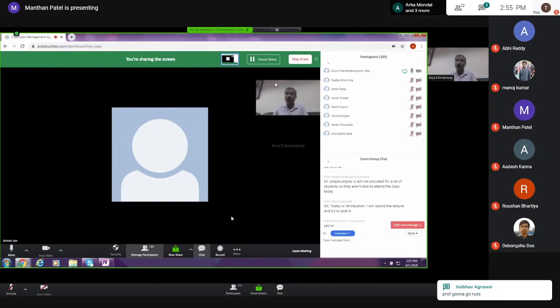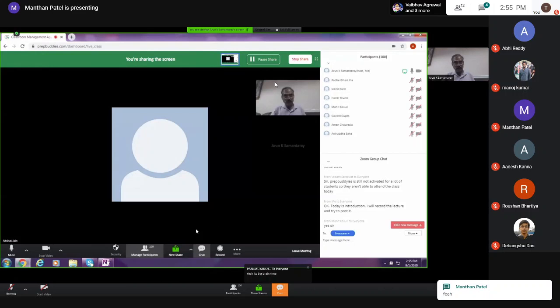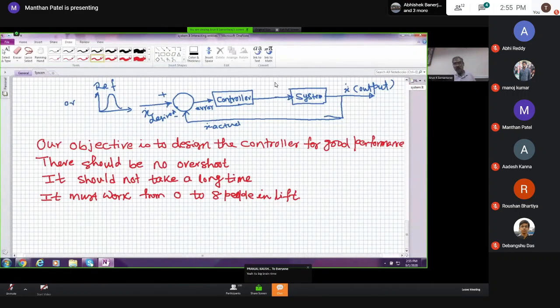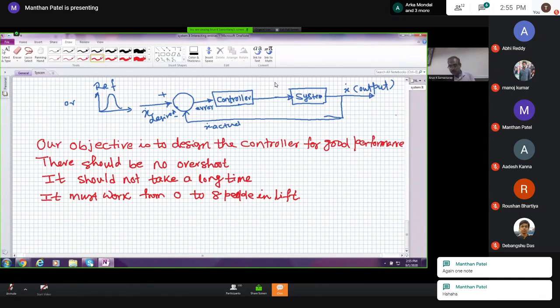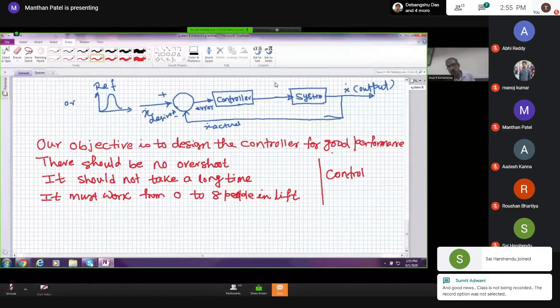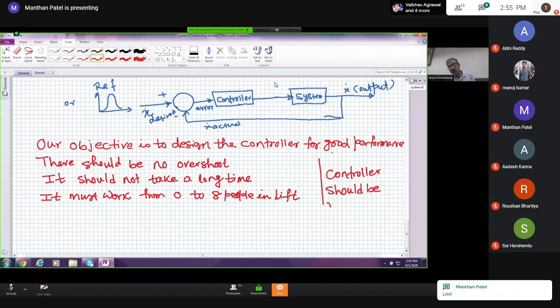And we have to design a controller which should not depend on parameters of the system. So what we require from all these things? This controller should be robust.